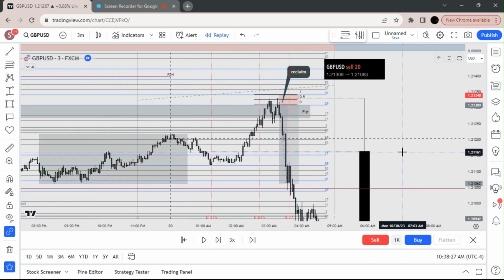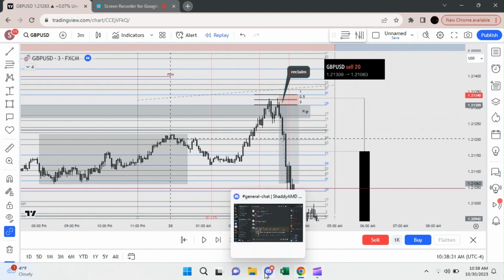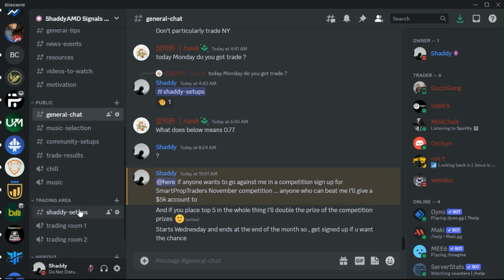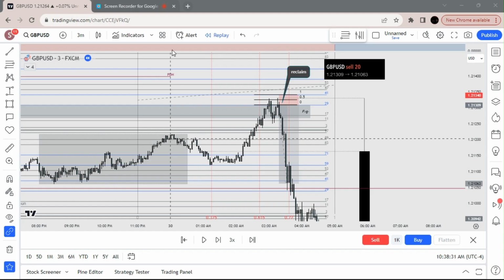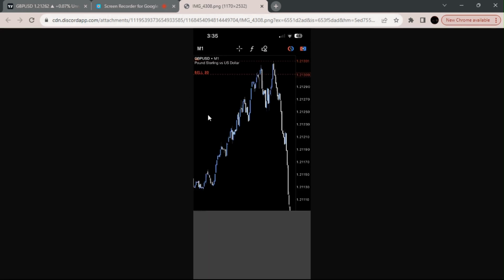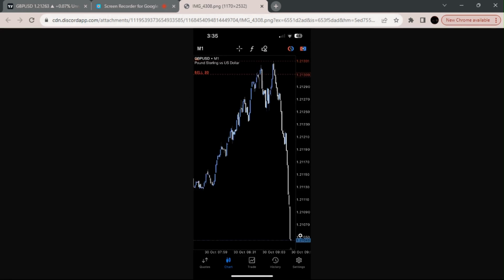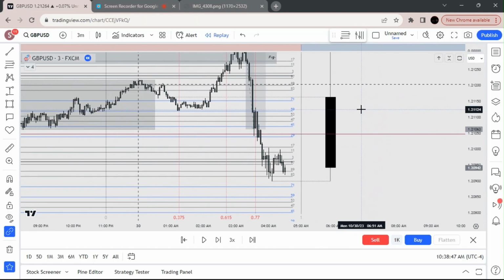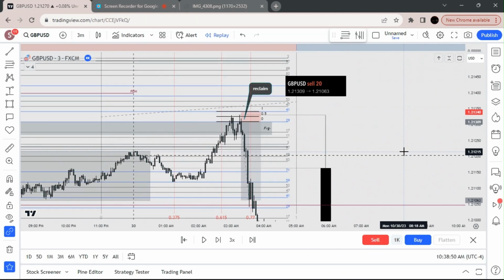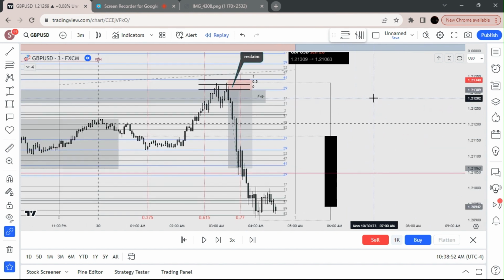This was just one of the trades I took today. And if you see right here, we took it, and it was a beautiful entry and a beautiful sell-off into the target.